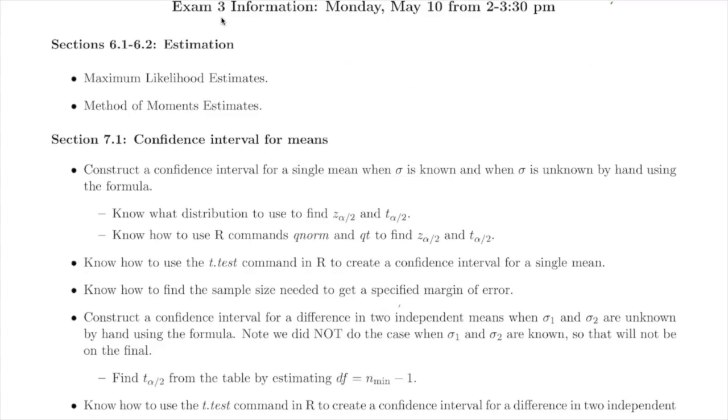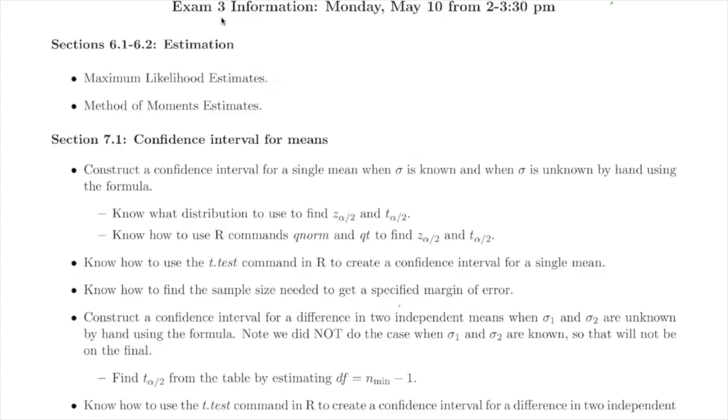So just to walk through what we've done since the last exam, in chapter 6, we did estimation methods, maximum likelihood estimates, method of moments estimates. So be sure you look over those. Towards the end of that chapter, we also talked about ways of comparing estimators like bias and efficiency and these other things.